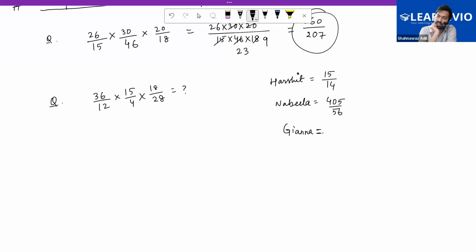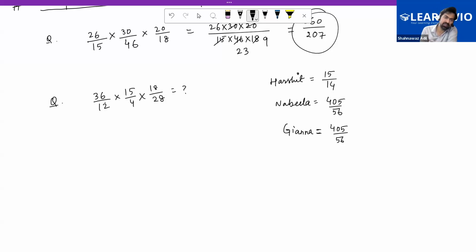Sir, I also got the same thing. Which one? This one. Harshit, 405. Why are you guys getting this? Which means, Harshit, there is a majority, there is an argument for this answer, right?